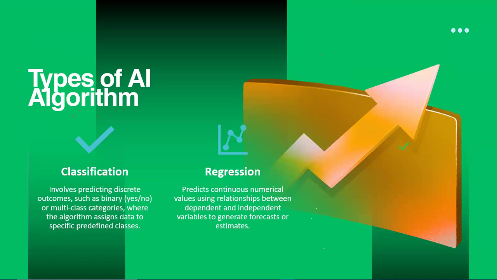So think of our spam detection system on your email servers. An email comes in, and it classifies that email as either spam or not spam. The same goes in financial institutions where they use fraud detection. Similar technique: is this transaction fraudulent or not fraudulent?